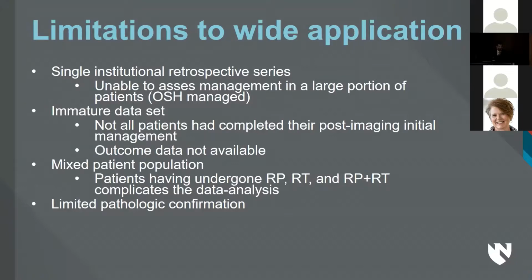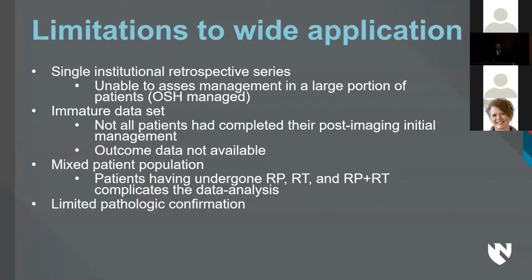So although we're discussing how our radiation fields and doses were adjusted, at no point did we address how these impacted patient survivals. As this data matures, we'll be looking into that. Finally, this is a difficult analysis in that this is a very mixed and heterogeneous population of patients that had surgery, definitive radiation therapy, and salvage radiation therapy.